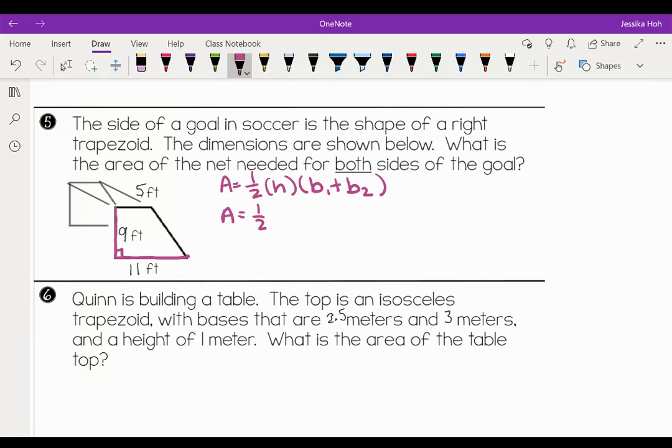Okay, this must be our height. So our bases are parallel. So we have base 1 up here. So our height is 9. Base 1 is 5, plus base 2 is 11. This gives us 16 times 9 times 1/2.